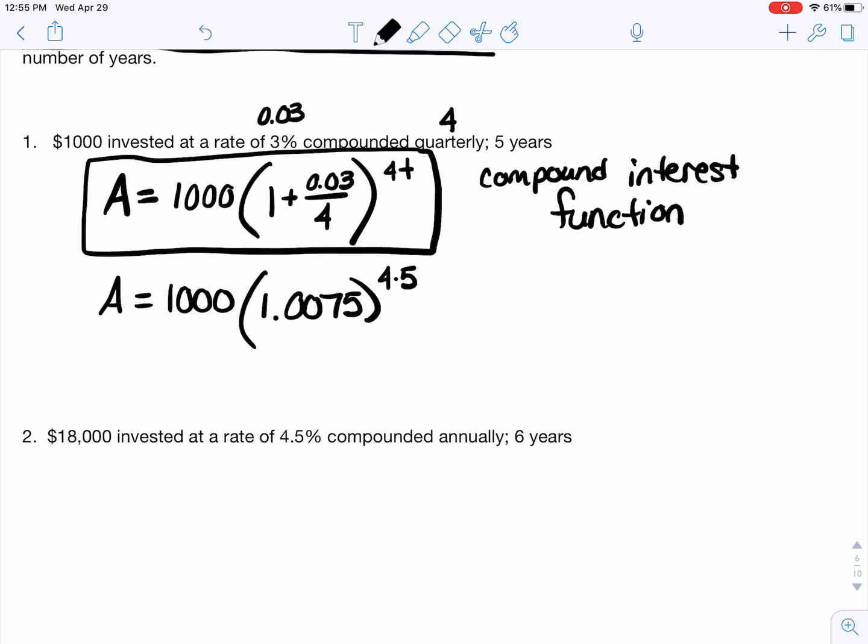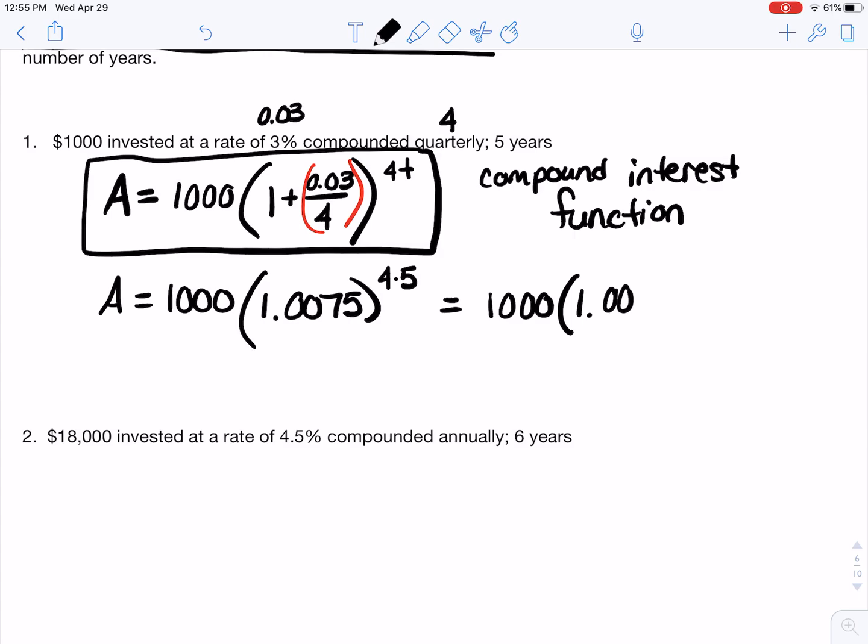I would take it in little steps. First, do the 1 plus 0.03 divided by 4. Make sure you're putting parentheses around the 0.03 and the 4 so that you do that before you add 1. Otherwise, you'll get the answer wrong every single time.